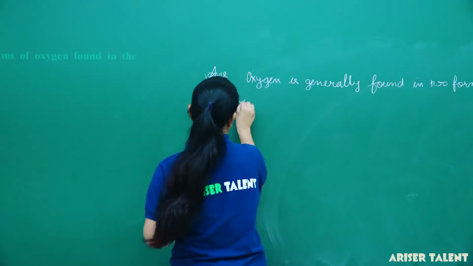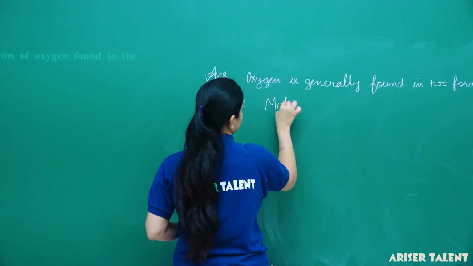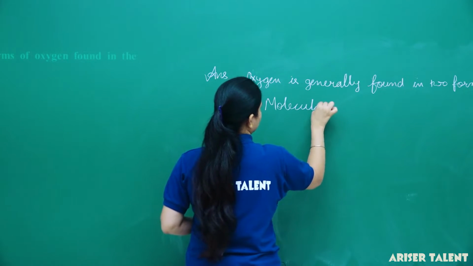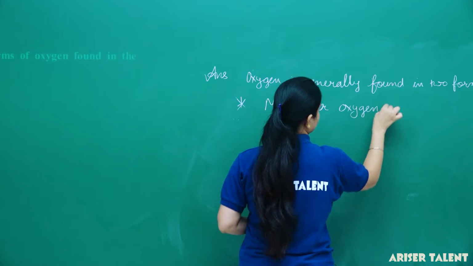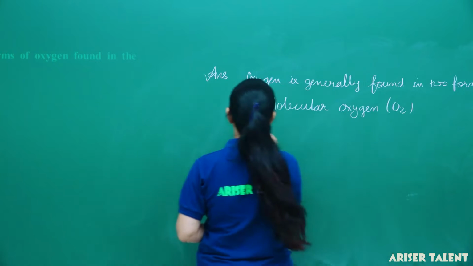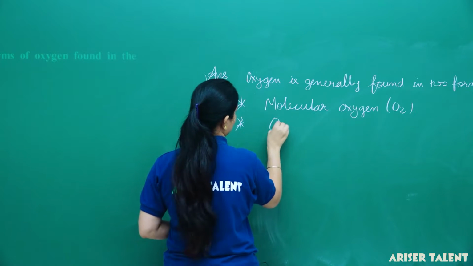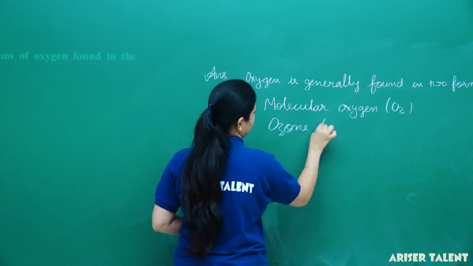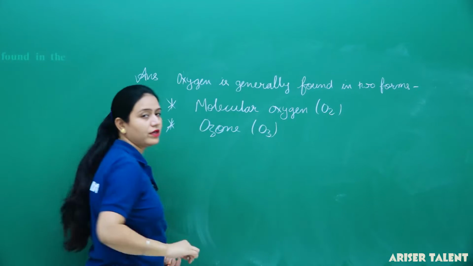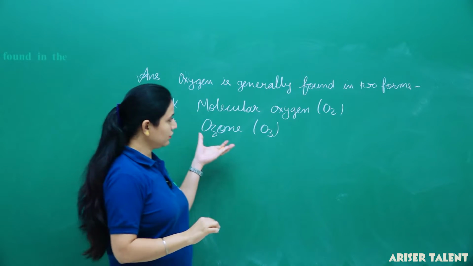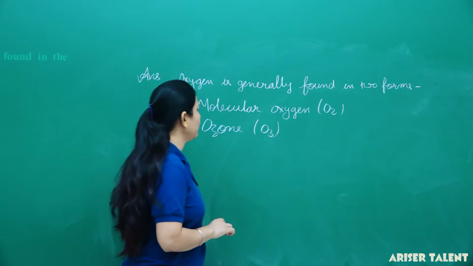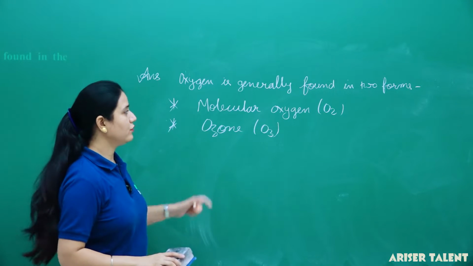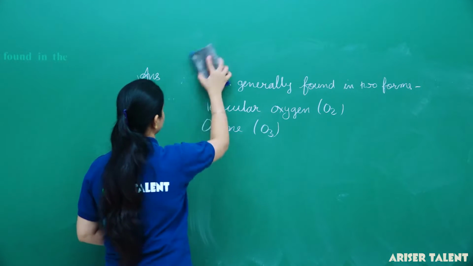What are they? Molecular oxygen, that is O2, and ozone, that is O3. We have already studied the different forms of oxygen in this chapter.